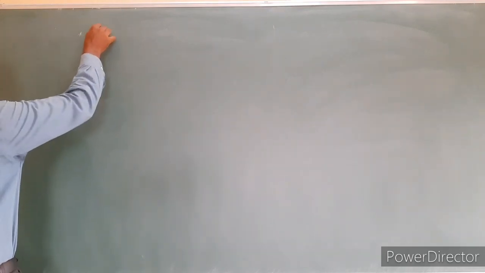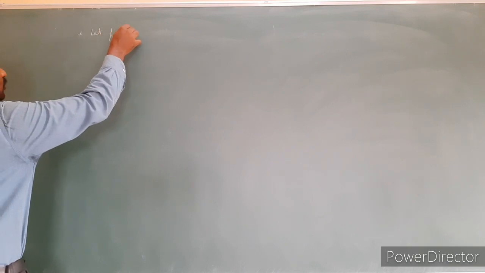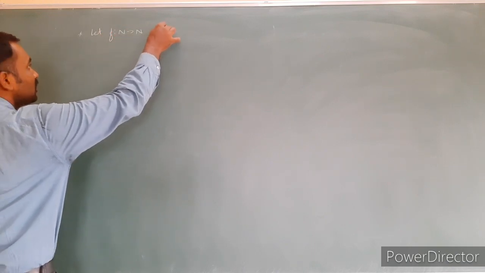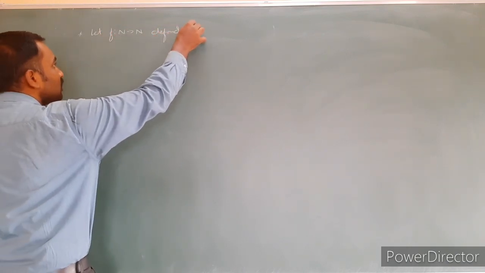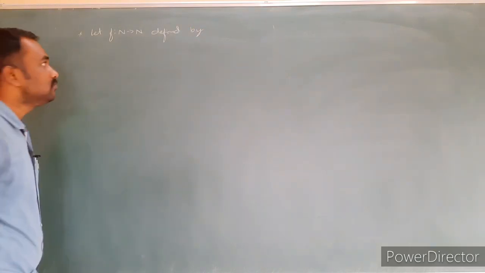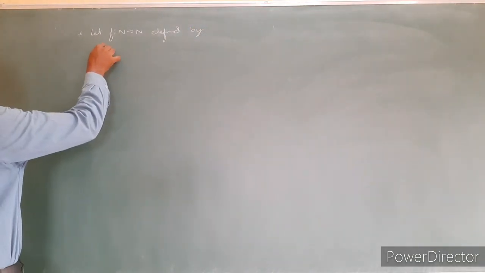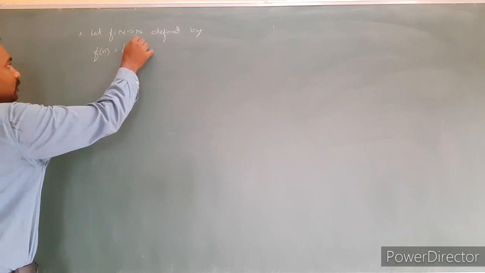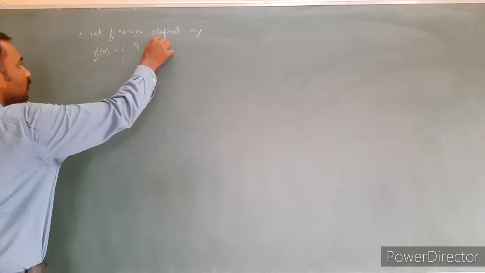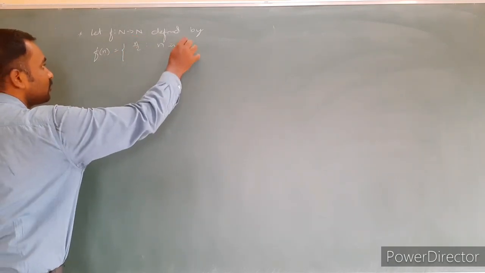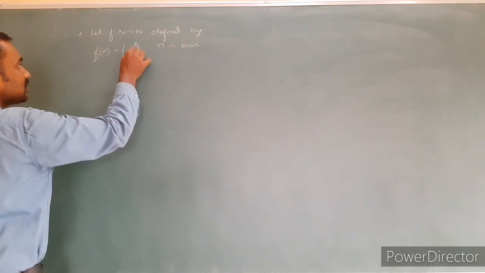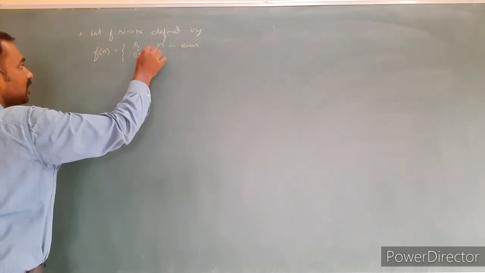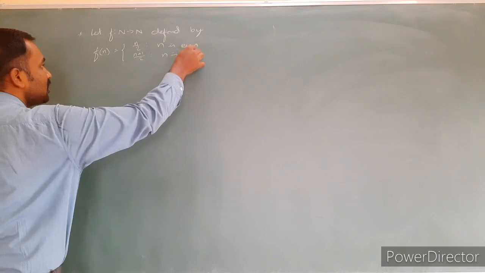Okay. Now next example. Let f be a function from N into N defined by f of n is equal to n divided by 2 whenever n is even, and n plus 1 divided by 2 whenever n is odd.